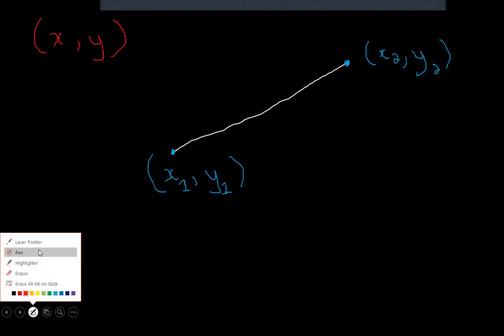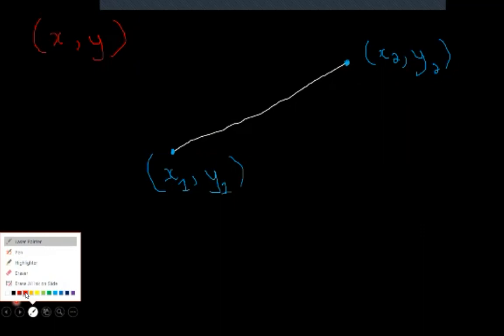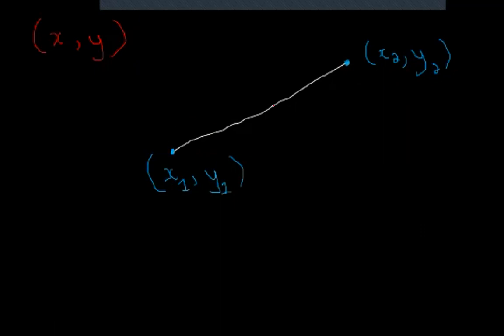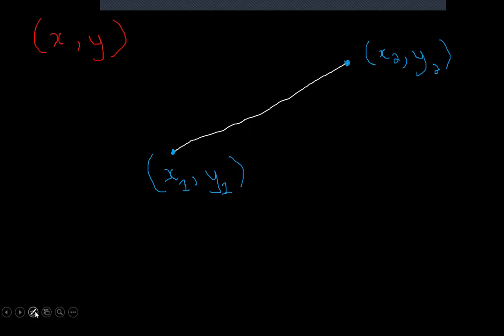If a question tells me to find the length of this line, I can't use Pythagoras' theorem. Why? This is not a triangle, and to use Pythagoras' theorem, you need at least 2 sides, right?